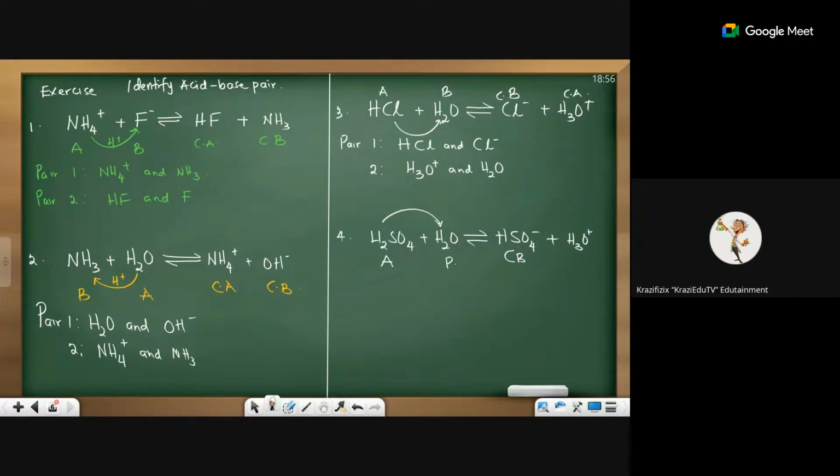Water receives, so it's a base. Whatever it becomes a conjugate what? Acid. So what's my first pair? H2SO4 and SO4 minus. What about my second pair? Acid first. H3O plus and what? H2O. Guys, are we okay? Can we move on? Perfect understanding here?